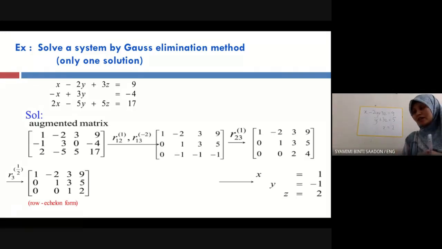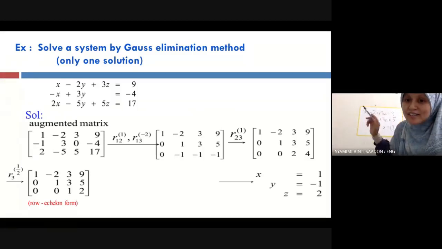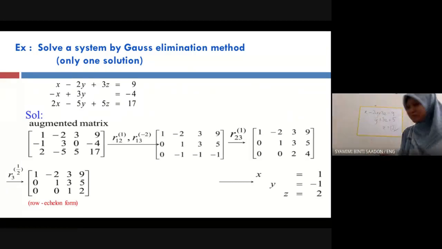So you just convert the matrix and write it in terms of linear equations. Z equals 2, so replace Z with 2 here. We have 5 minus 6, so you get Y equals -1. Then 9 minus 8, so you get X equals 1.